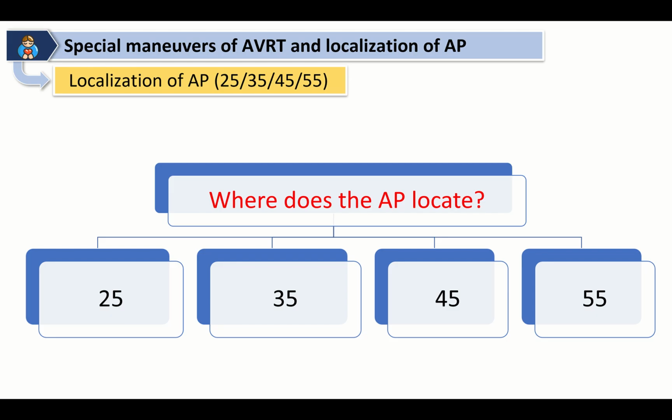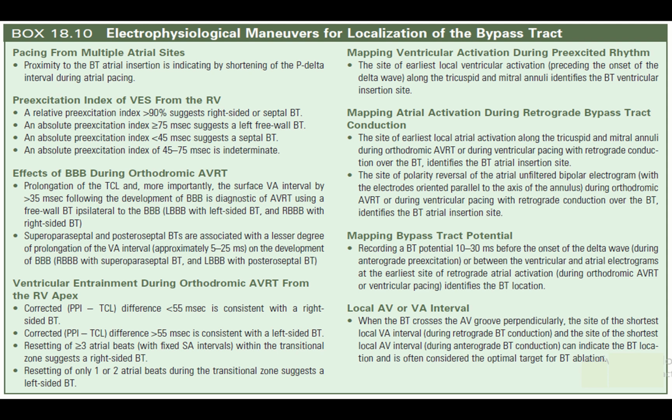Less than 45 it confirms AVRT using septal accessory pathway. And finally 55 in corrected post-pacing interval minus tachycardia cycle length: less than 55 confirms right sided accessory pathway, more than 55 confirms left sided accessory pathway.